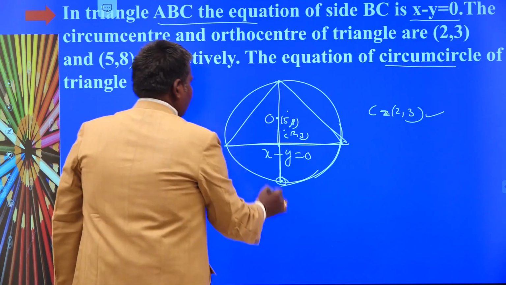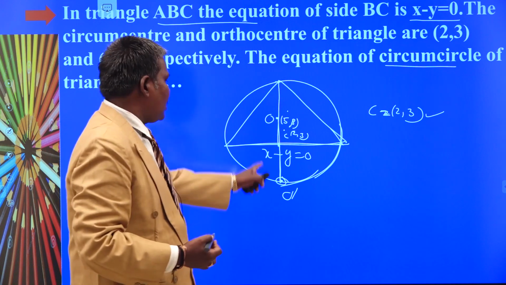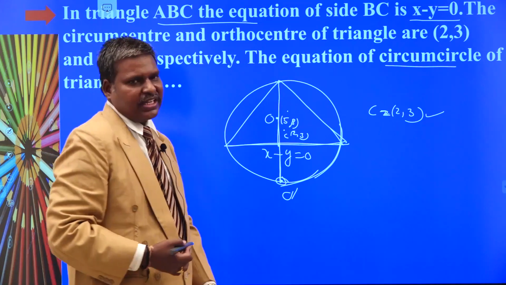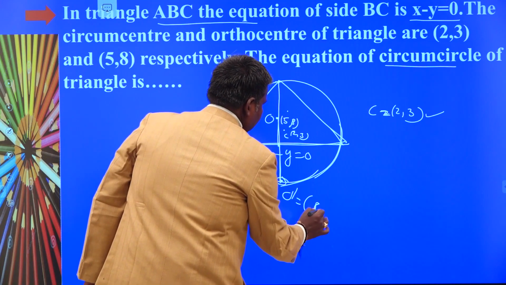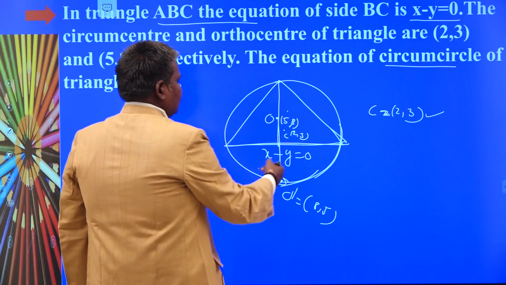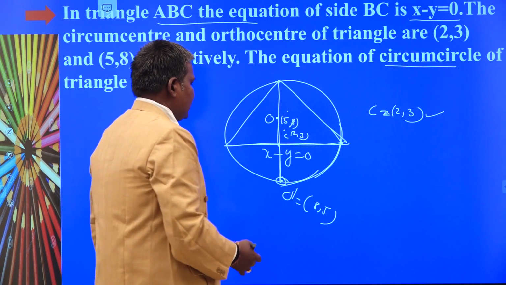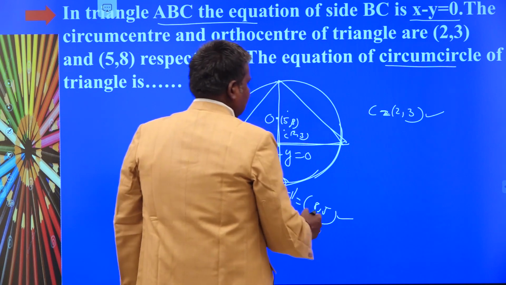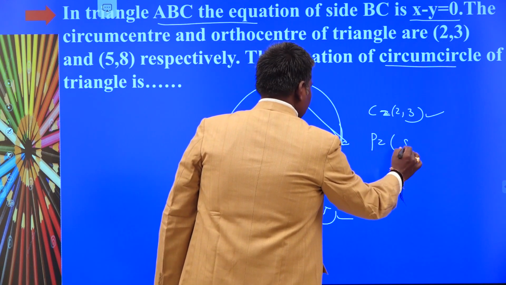So if it is O, can I get O dash or not? Just by finding the image of (5, 8) with respect to x equal to y. What is the immediate image? (8, 5). This is x equal to y, so the image should be (8, 5). So (8, 5) is one of the points on the circle, P say, that is O dash, (8, 5).